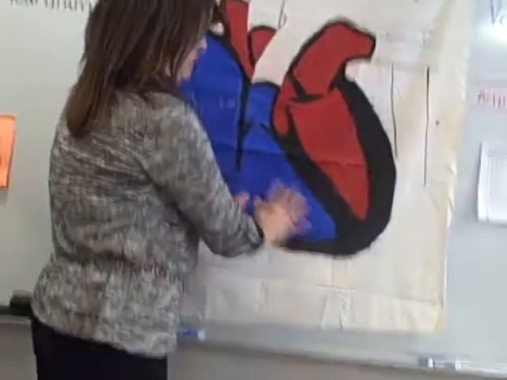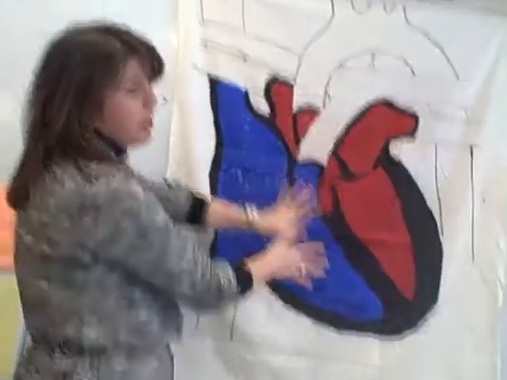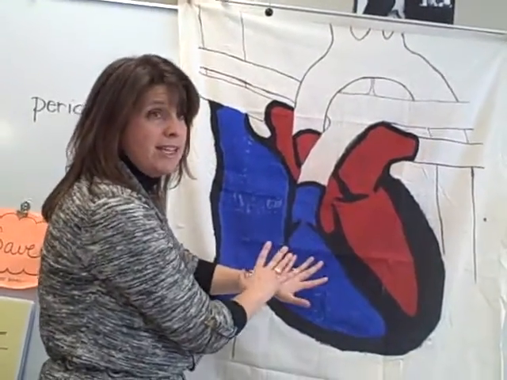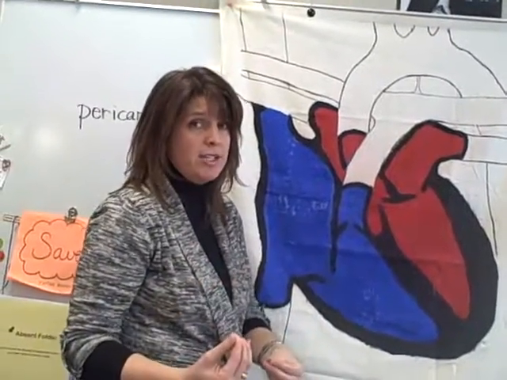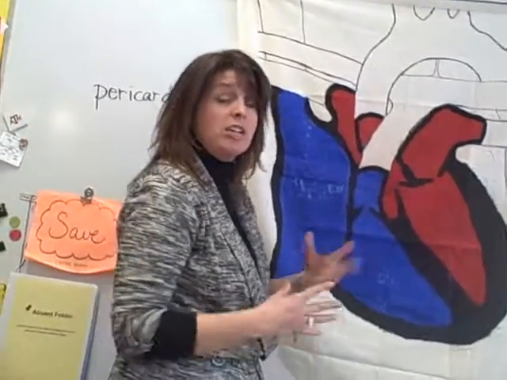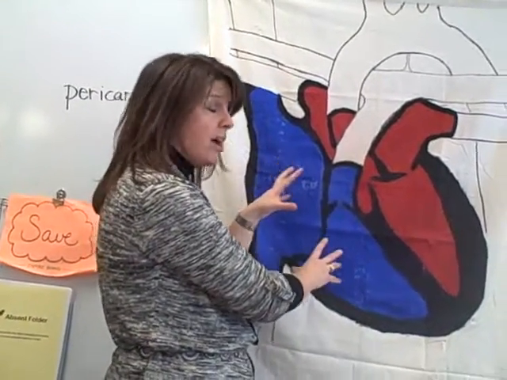But after it's in the right ventricle, you'll notice that this blood is colored blue, and the reason it's coming back to the heart is because it's low in oxygen, so it has to get pumped to the lungs so it can pick up oxygen, and it's carrying lots of carbon dioxide right now.